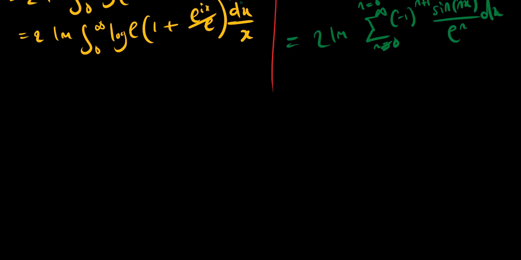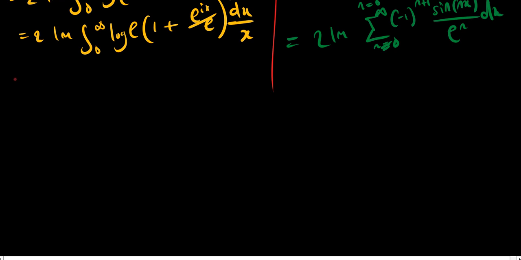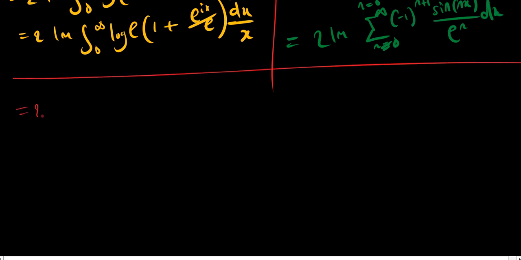So this is twice the imaginary part, because the point being that e^(inx) is cosine of nx plus i sine of nx.